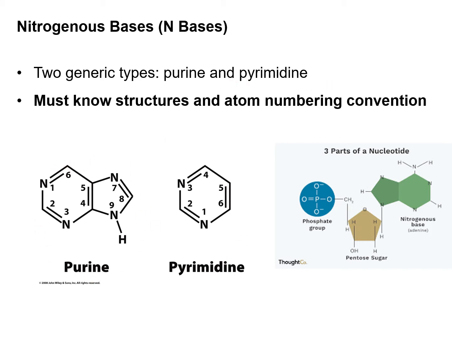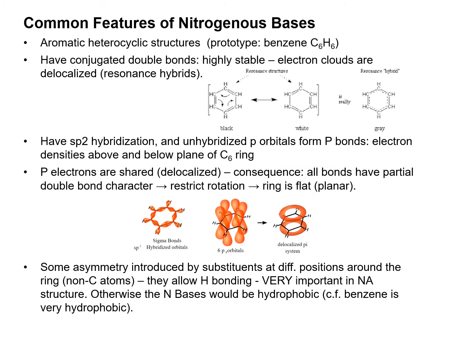And you must know the structures and have to memorize the atom numbering conventions here, as you can see, starting from 1 to 6 for pyrimidine, as opposed to purine, which has a slightly different numbering, starting from 1 here on the nitrogen atom, and then goes to 6, and then 7 to 9.